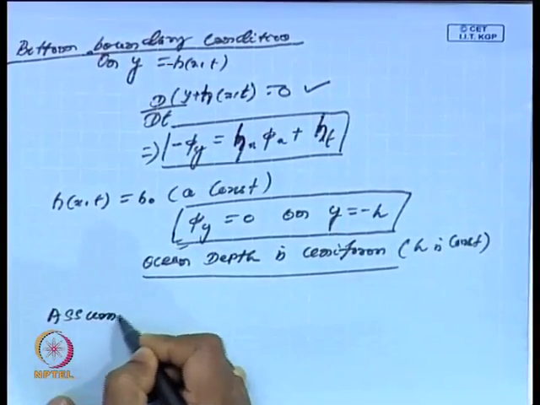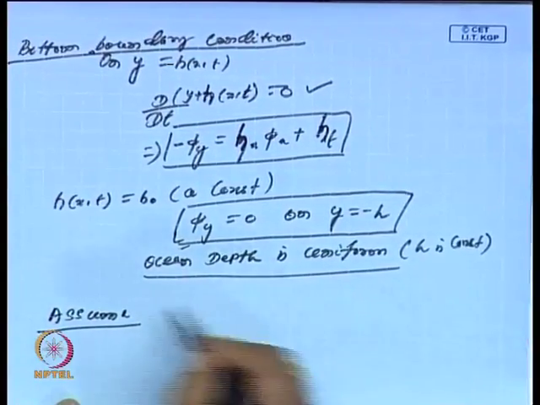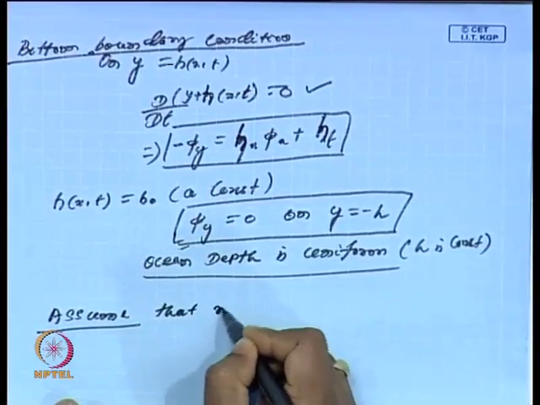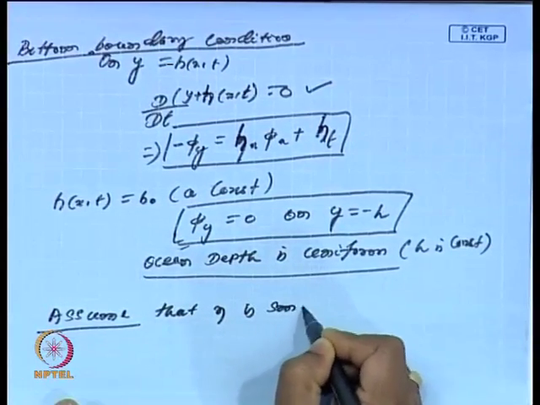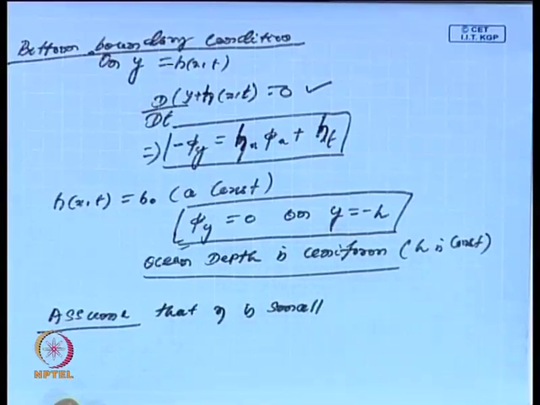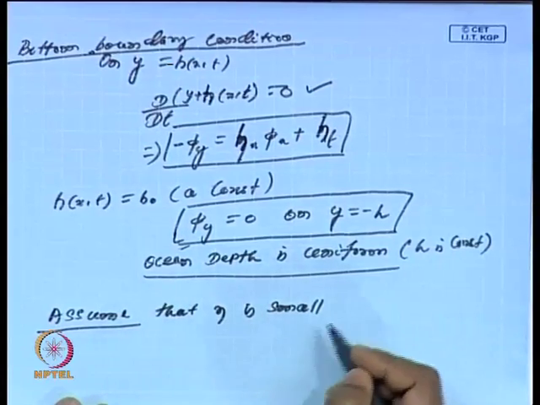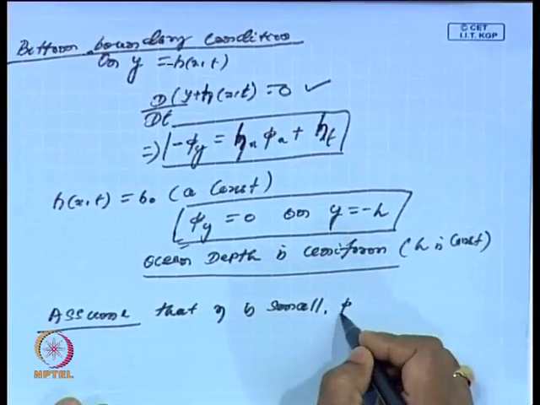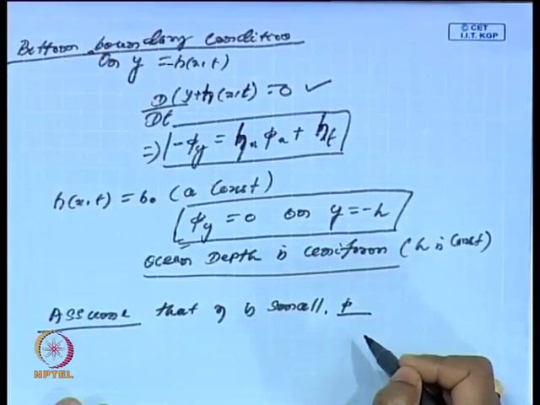We again consider idealization, by assuming that eta is small. That means we are dealing with small amplitude wave theory. If you assume eta is small, then all the components associated with phi will be small.